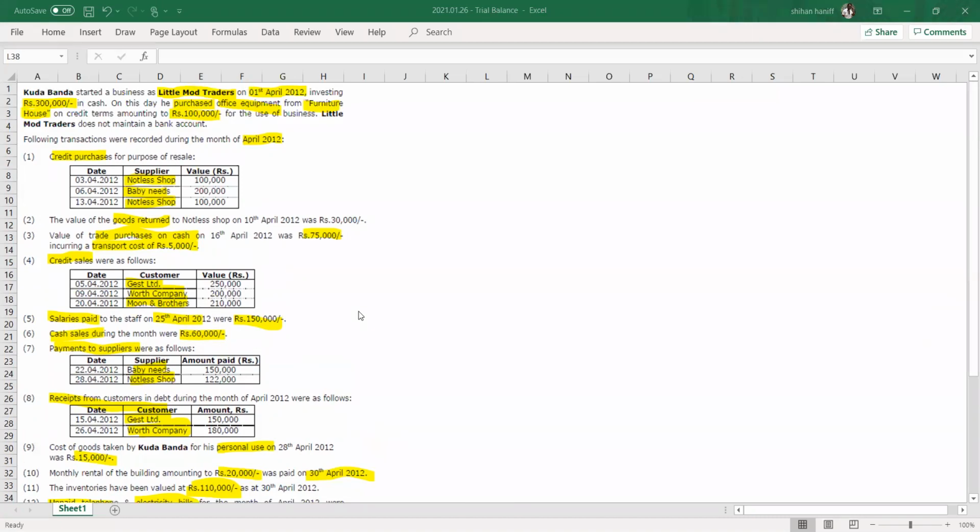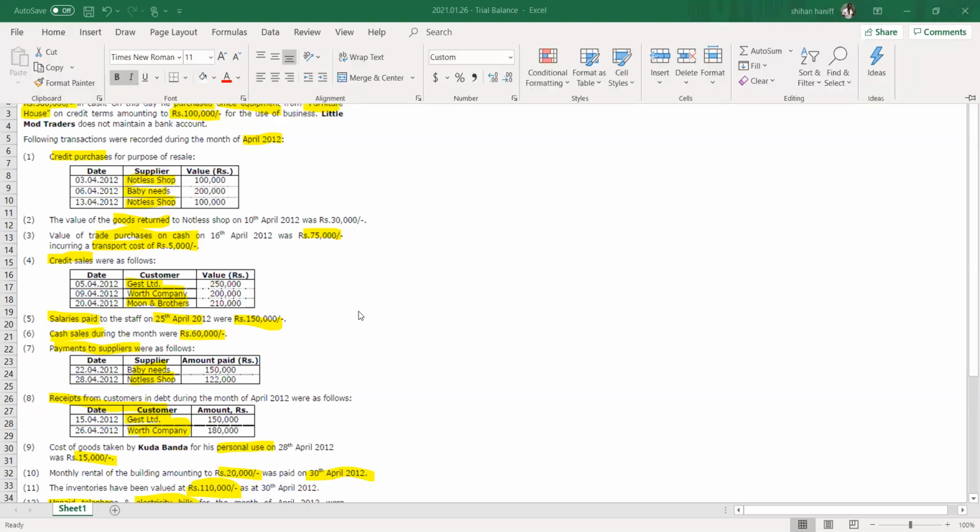So draw a cash receipt journal, cash payment journal, sales, purchases.